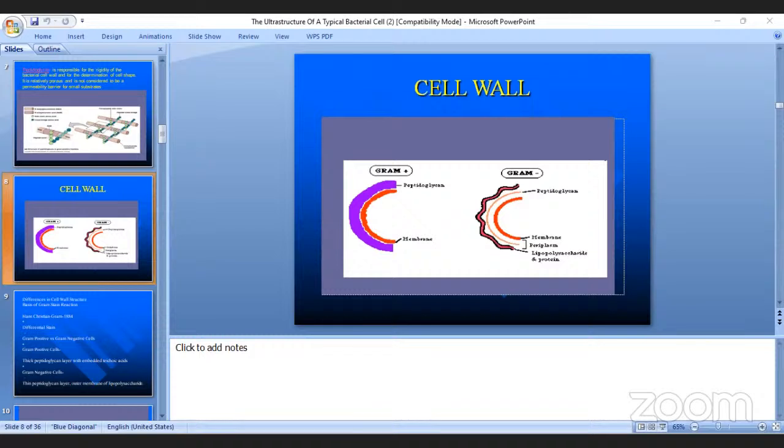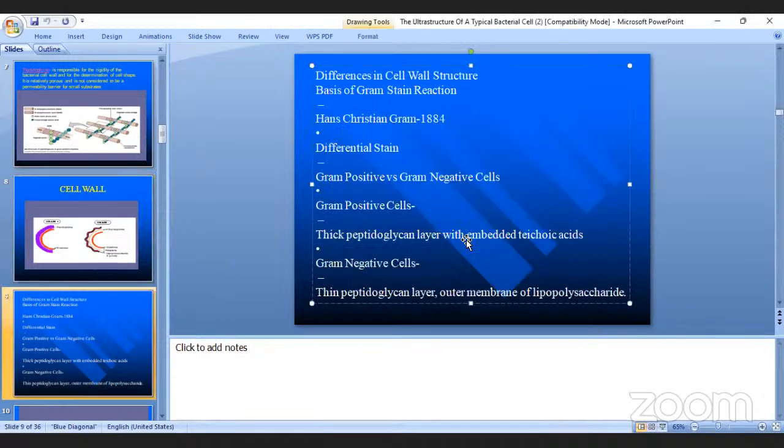Differences in cell wall structure. Are you able to see Hans Christian Gram, 1884?